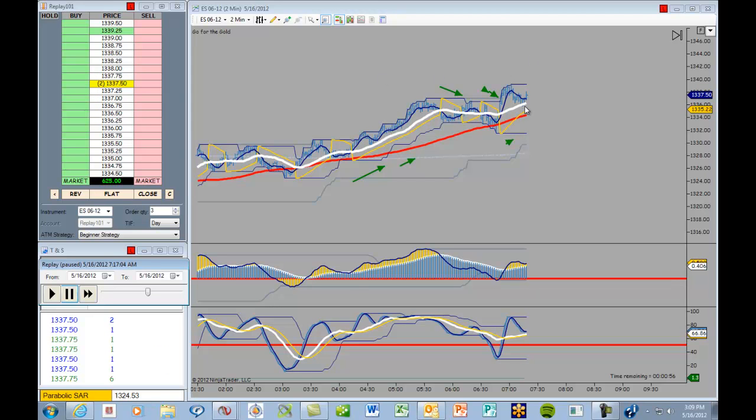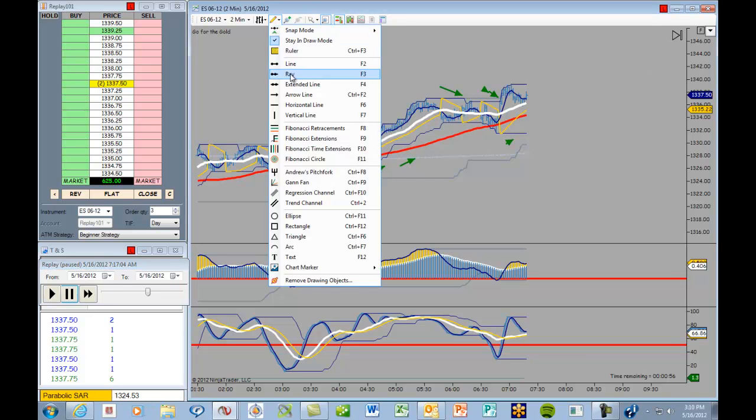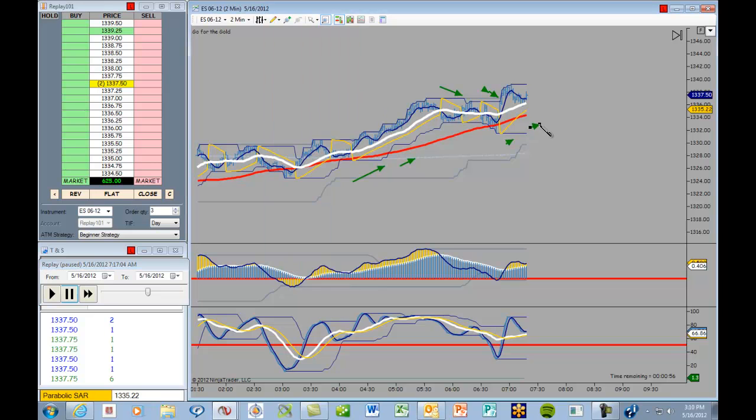Okay, we've pulled back to the upsloping white, and now we're heading up again. Let's take another shot on the long side.